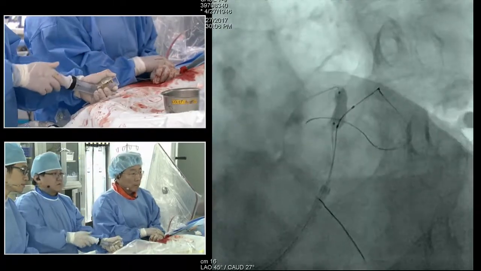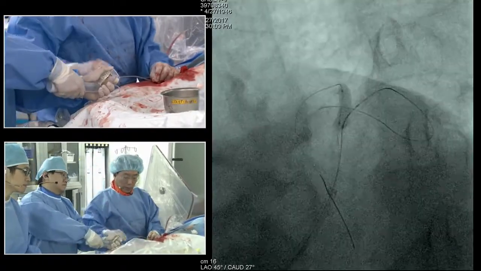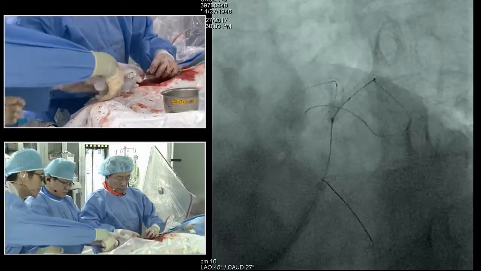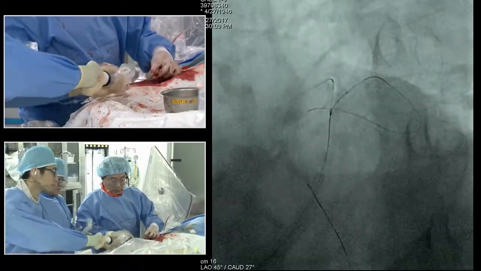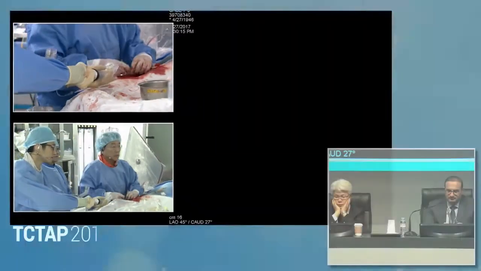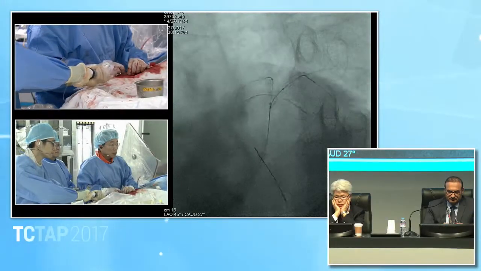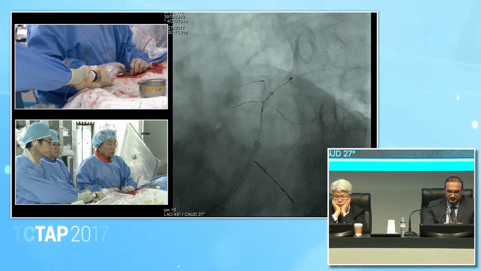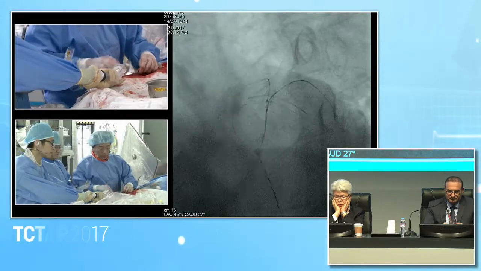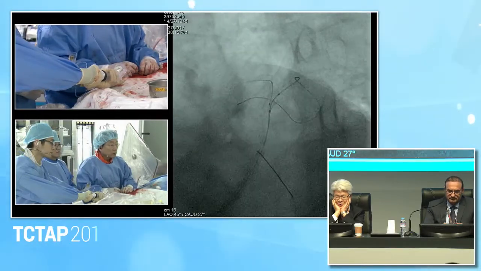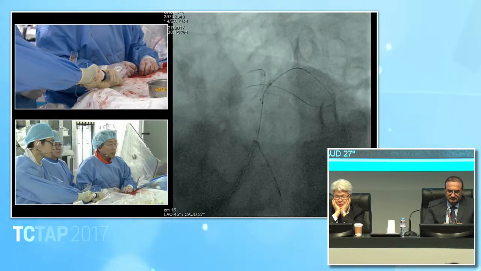3.5. Okay, we have already confirmed. Deflate. All right, reconfirm the LAD side. And then, Akasaka, you worry about the proximal part of the balloon position here. So we're going to do two balloons overlapping like this.